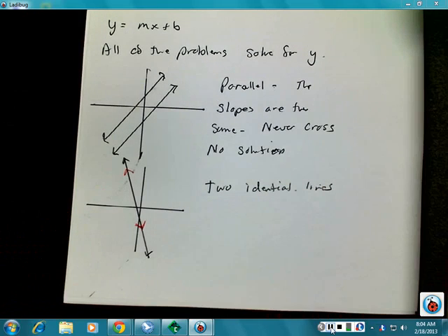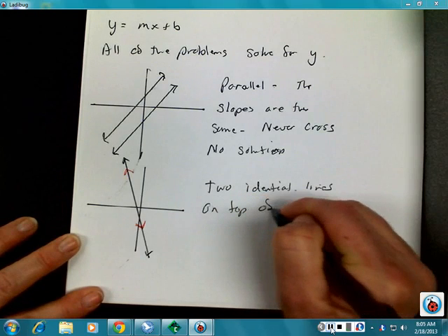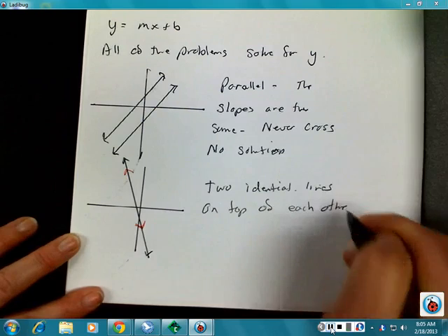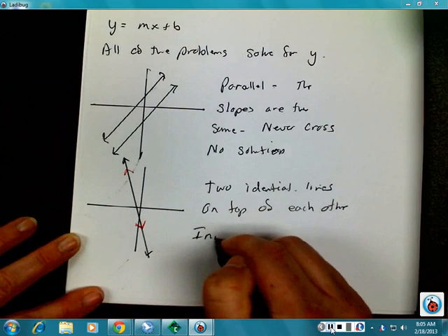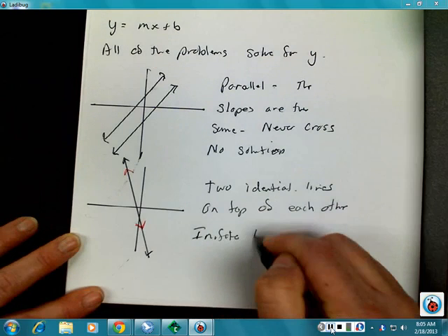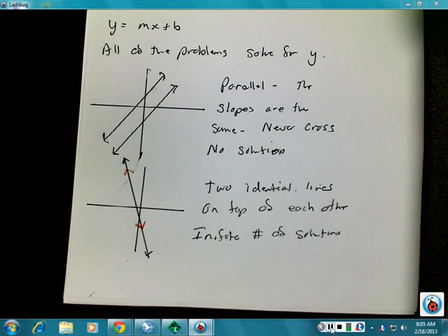So we have many solutions, or an infinite number of solutions. That one doesn't have just one answer, but it's got a whole bunch.